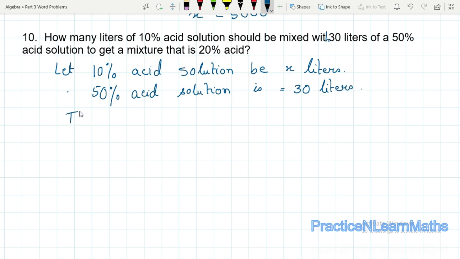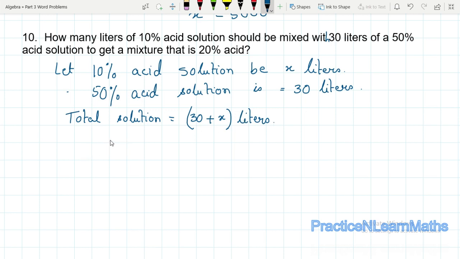So the total amount of solution is equal to 30 plus x liters.